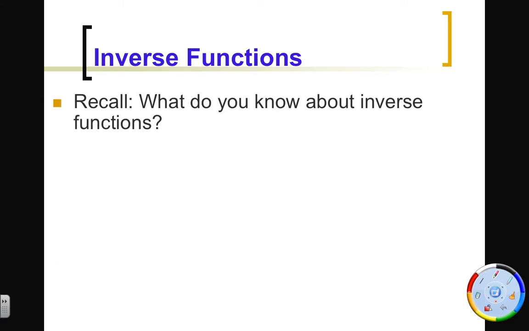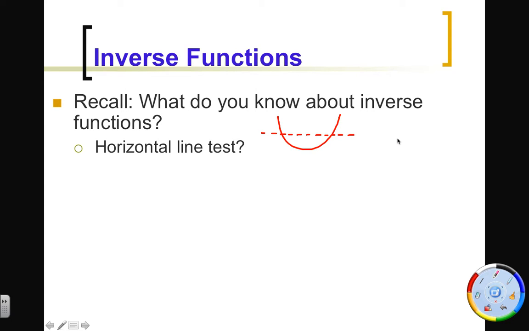So first of all, let's just do a refresher over what we know about inverse functions to begin with. We've done a lot of this already, quite a few weeks ago actually, I guess. So there's a horizontal line test that we need to do. In something like this, if we drew in a horizontal line, it touches twice and therefore has no inverse.